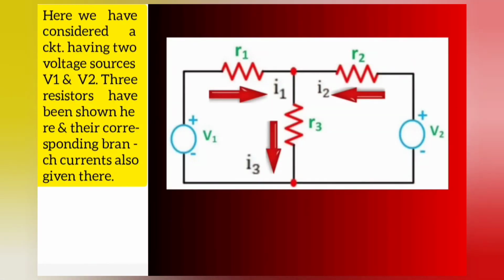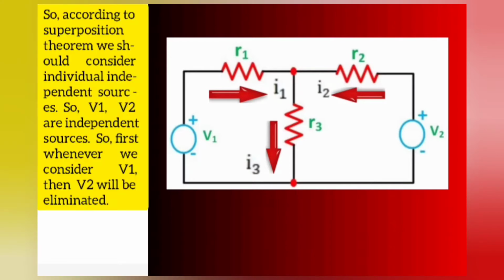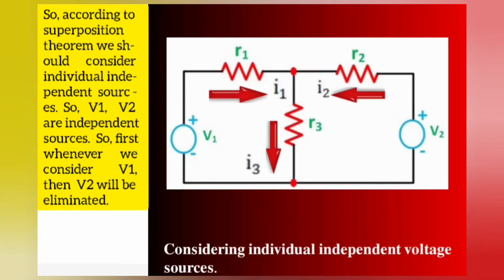Here we have considered a circuit having two voltage sources V1 and V2. Three resistors are shown here and their corresponding branch currents are also given. According to the superposition theorem, we should consider individual independent sources. V1 and V2 are independent sources.